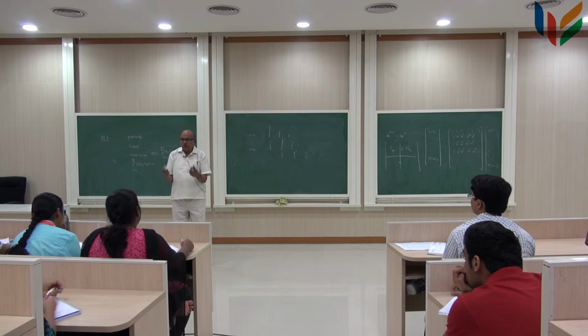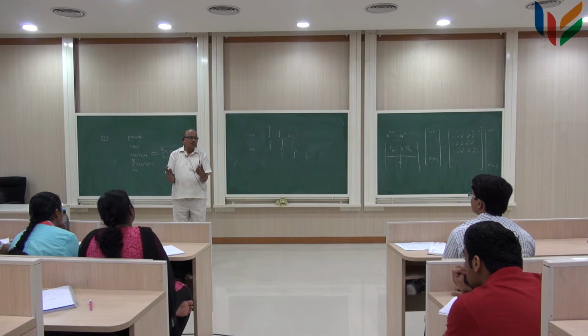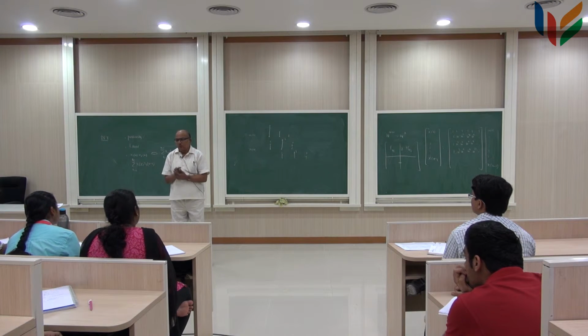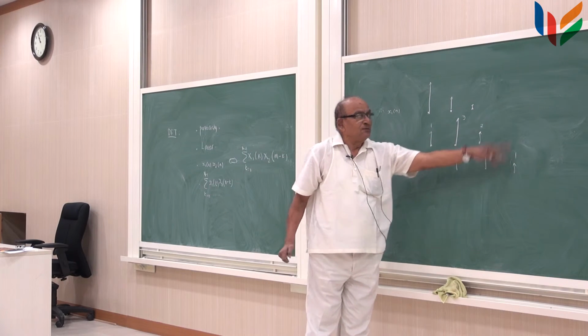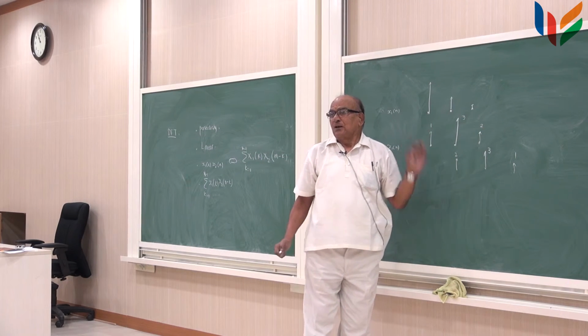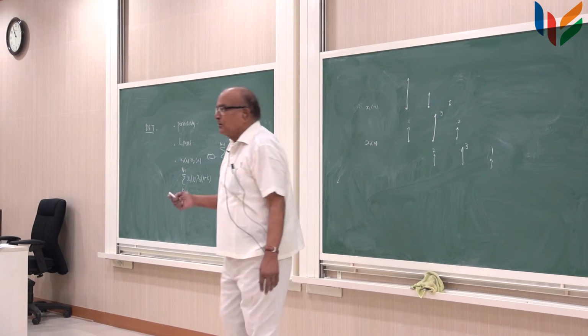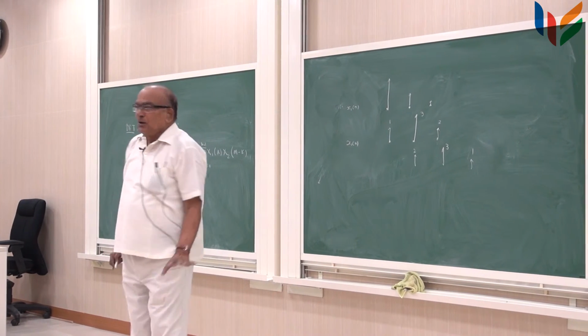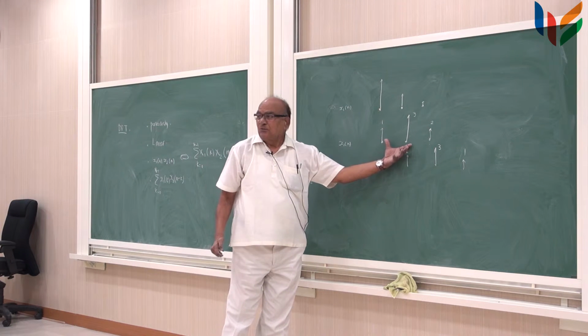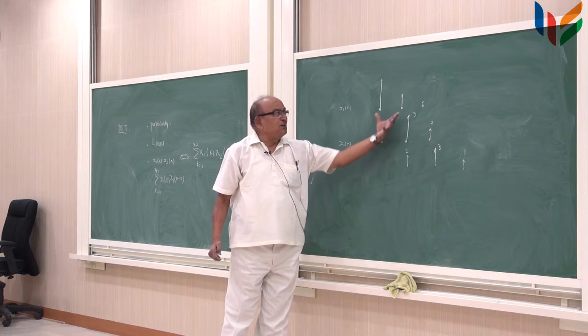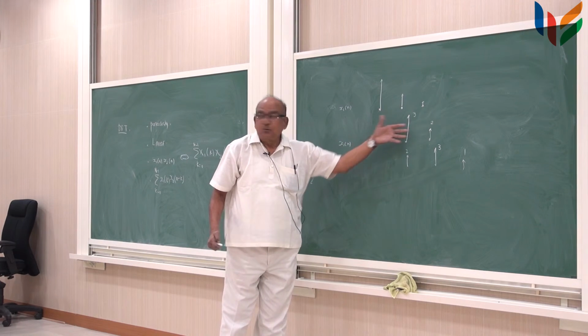Because the sequence is only defined for values 1, 2, 3, 4 up to n minus 1. But to do this multiplication, I need something here. So, what can you do? You put a 0, right. So, now what effectively you are doing is increasing the size of this to match the size of this for all possible translations.